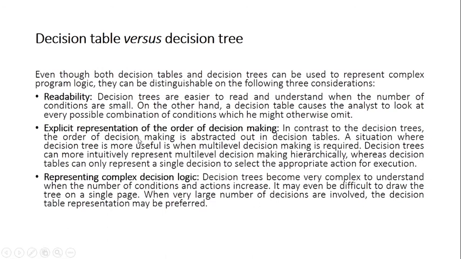Then explicit representation of the order of decision making. In contrast to the decision trees, the order of decision making is abstracted out in a decision table. A situation where a decision tree is more useful is when multi-level decision making is required, right? Multiple levels. Decision trees can more intuitively represent a multiple level decision making hierarchy, whereas a decision table can only represent a single decision to select the appropriate action for execution, right?